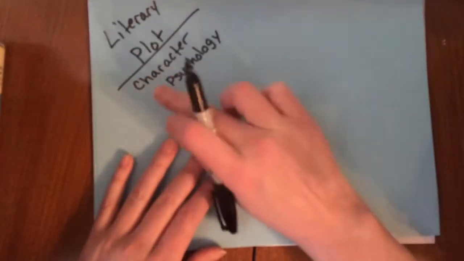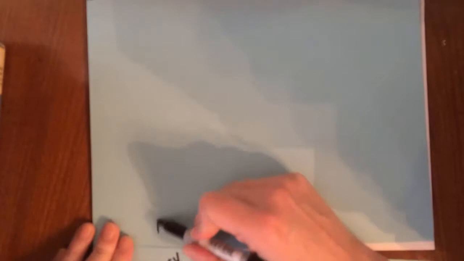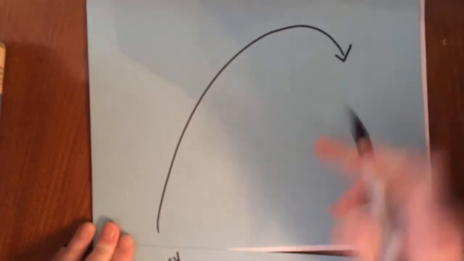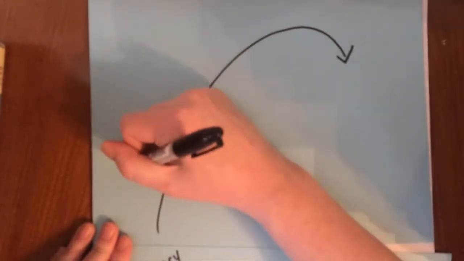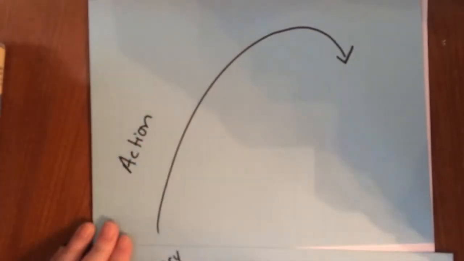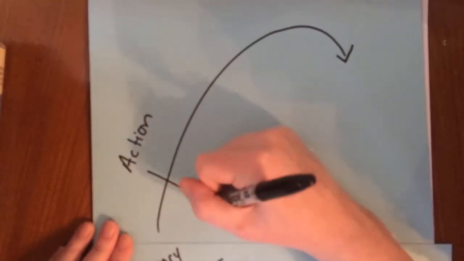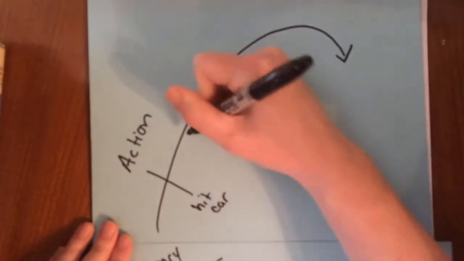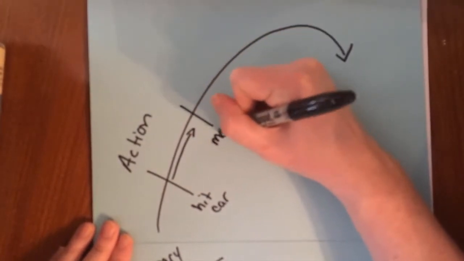So a literary plot moves through character psychology. Now let's just review. The genre plot is, of course, one perfect arch. And what propels a genre plot is action. So you have these individual actions where somebody gets hit by a car, and that person then has to keep running away from the mobsters.